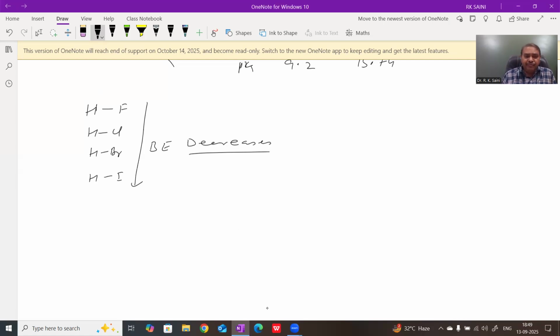Its bond energy is nearly 565 kilojoule per mole, and the bond energy of HI is only 295 kilojoule per mole. It means HI is a strong acid.